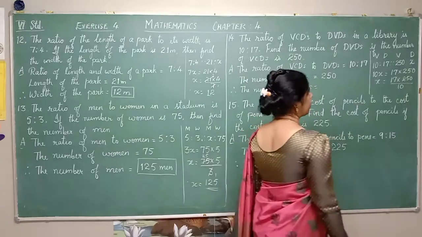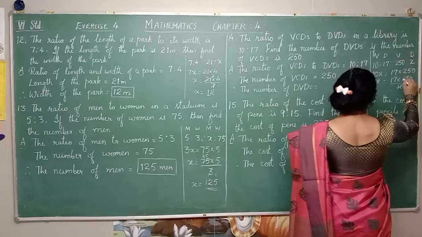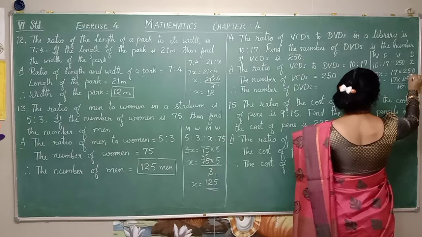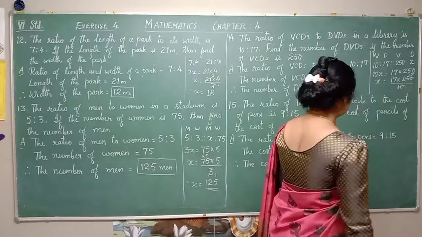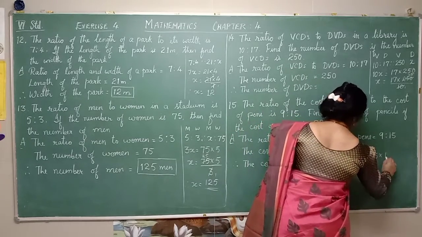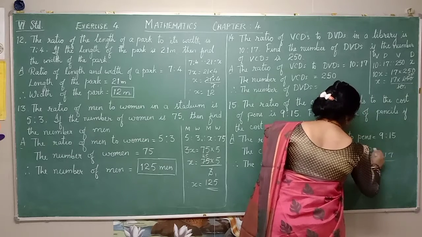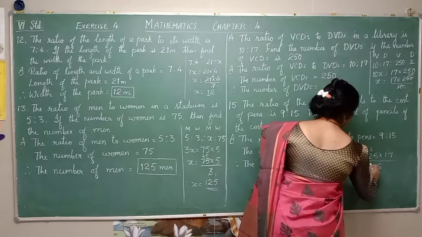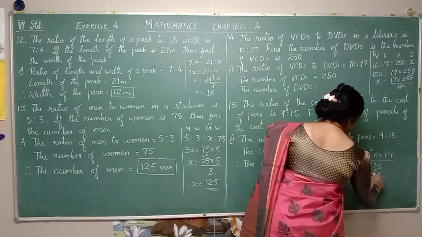By 10. So how much does it come to here? 10 ones are 10, 10 twos are 20, 10 fives are 50. So 25 into 17. Now we have to find out 25 into 17. 7 fives are 35, carry 3. 7 twos are 14, plus 3 is 17. Plus 1 five is 5, 1 two is 2.